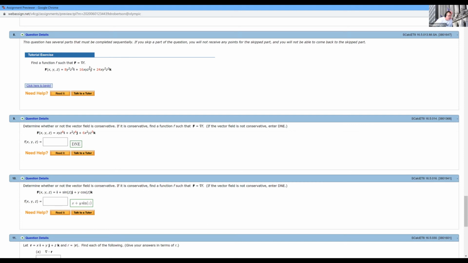What does delta tell you to do to something? Gradient. Right. So if you find delta f, isn't delta f the gradient function? Now, they haven't phrased it that way, but that's what it is. And can you imagine dx, dy, dz as an operator operating on something? Do you see that you get df by dx, comma, df by dy, comma, df by dz? Don't you get like the gradient function? So basically, to get the answer to that, you'd differentiate with x, differentiate with y, differentiate with z.